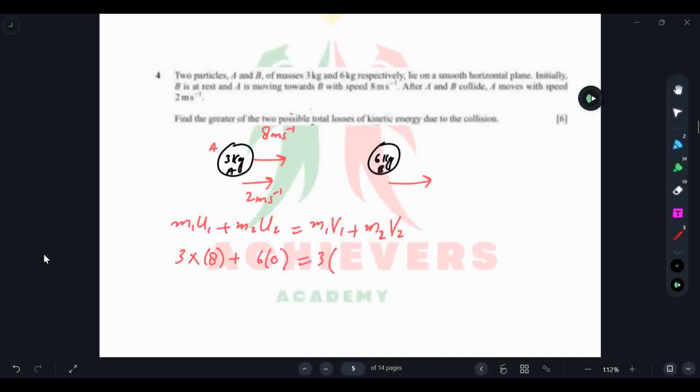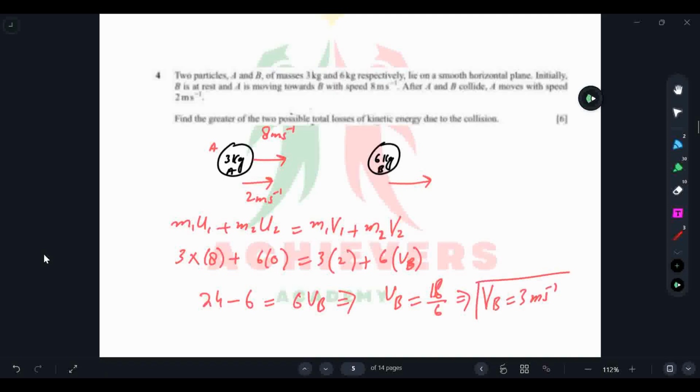After the collision, m1 is 3 and the velocity is 2, plus m2 is 6 and we don't know the velocity of particle B, let me write VB. If we simplify it, this will be 24 minus 6 equals 6 VB, and hence VB equals 18 by 6, which means VB will be equal to 3 meters per second after the collision.